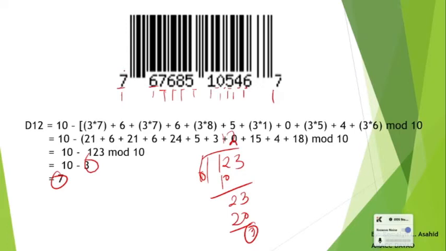Let's check. Ayan. So the last digit or the check digit is 7. So yun, nakuha natin 7.